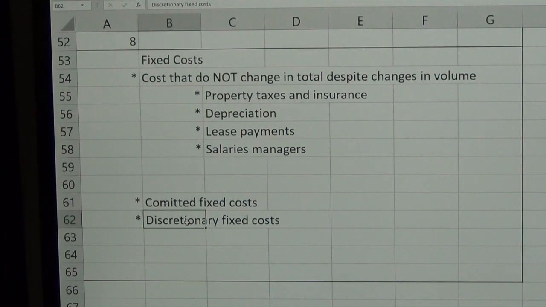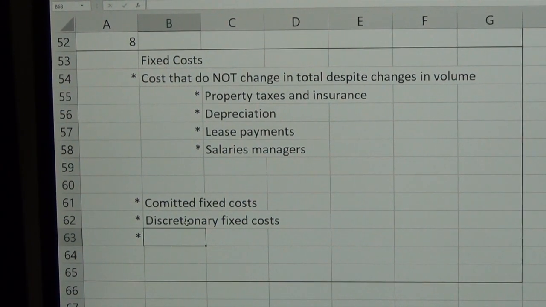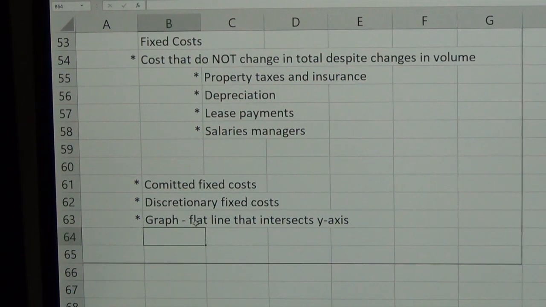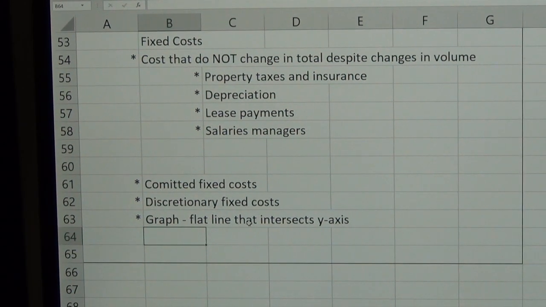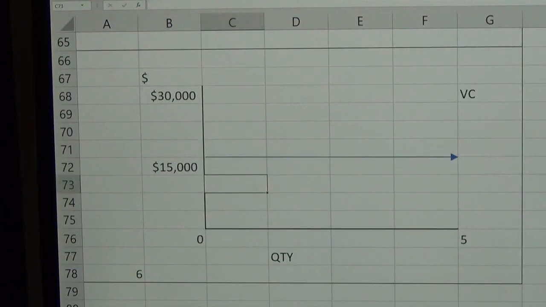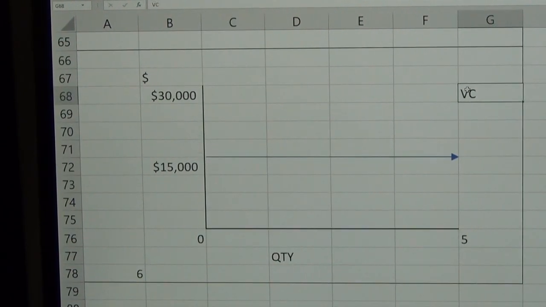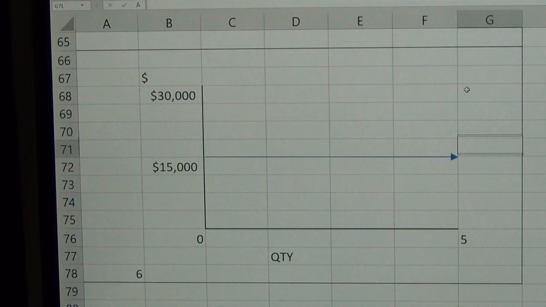It's discretionary in nature. And then when we're looking at the graph and trying to explain that, it's going to be more of a flat line that intersects the y-axis. Because it's fixed in nature, it doesn't start off at 0, is where I was going with that. So this is not variable, this is fixed in nature.